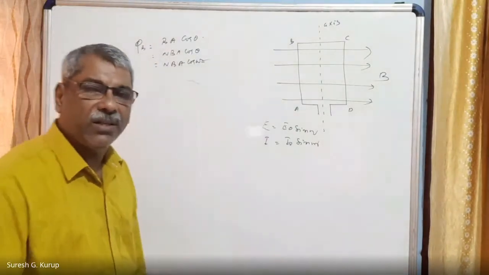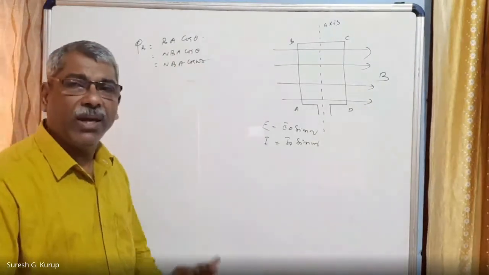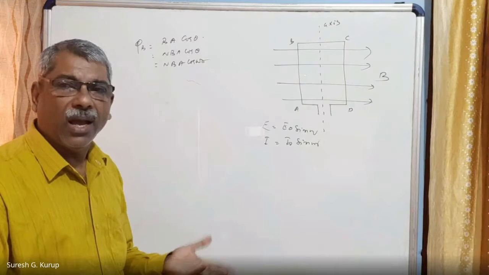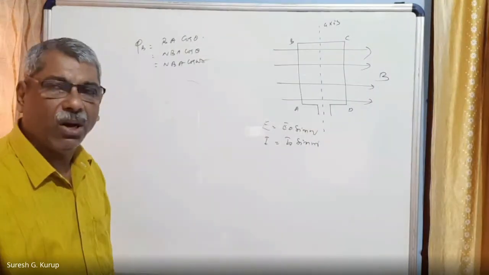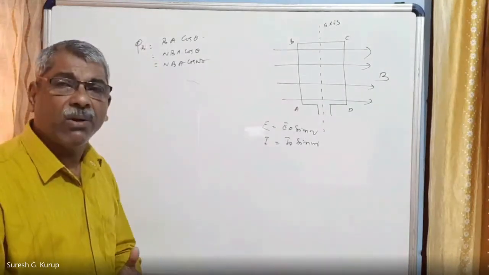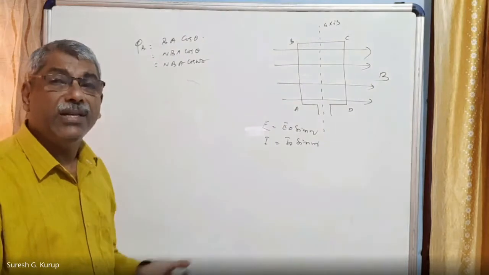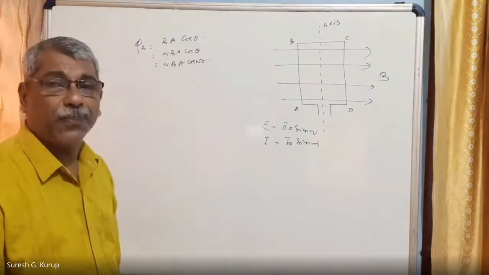We know that the general expression of flux is B A cos theta. If a coil has only a single turn and it is rotating in a uniform magnetic field of intensity capital B, and the area of the coil is capital A, then at any instant the flux through the coil is given by B A cos theta.